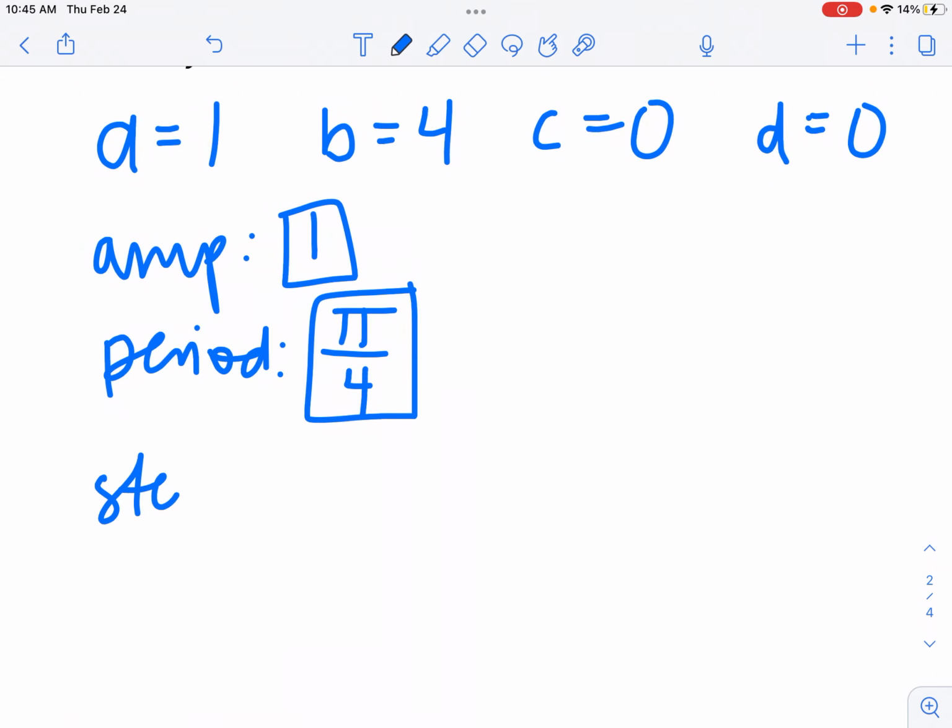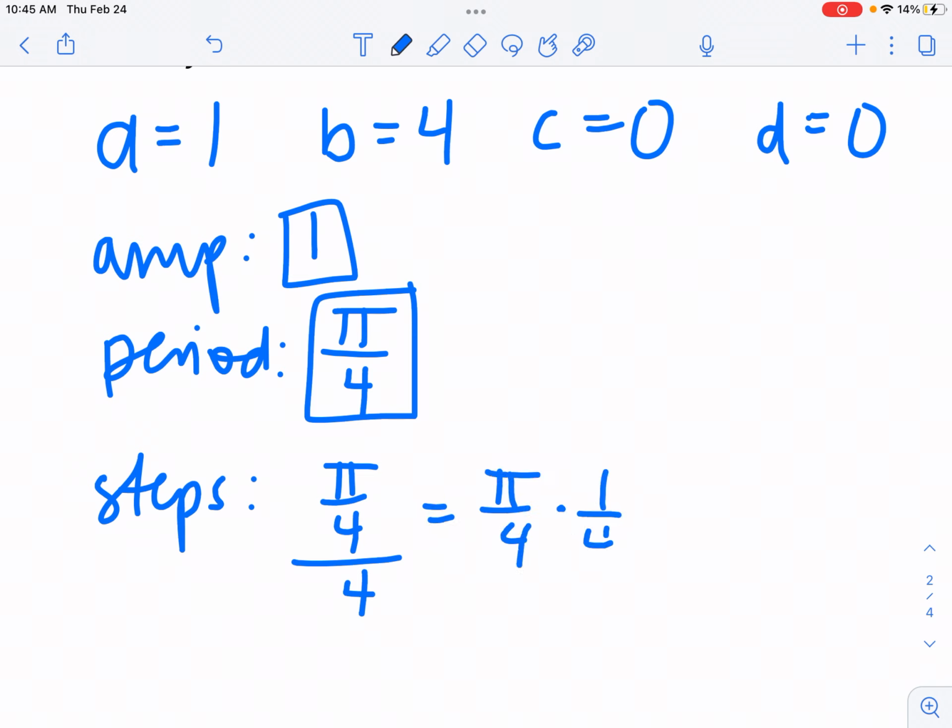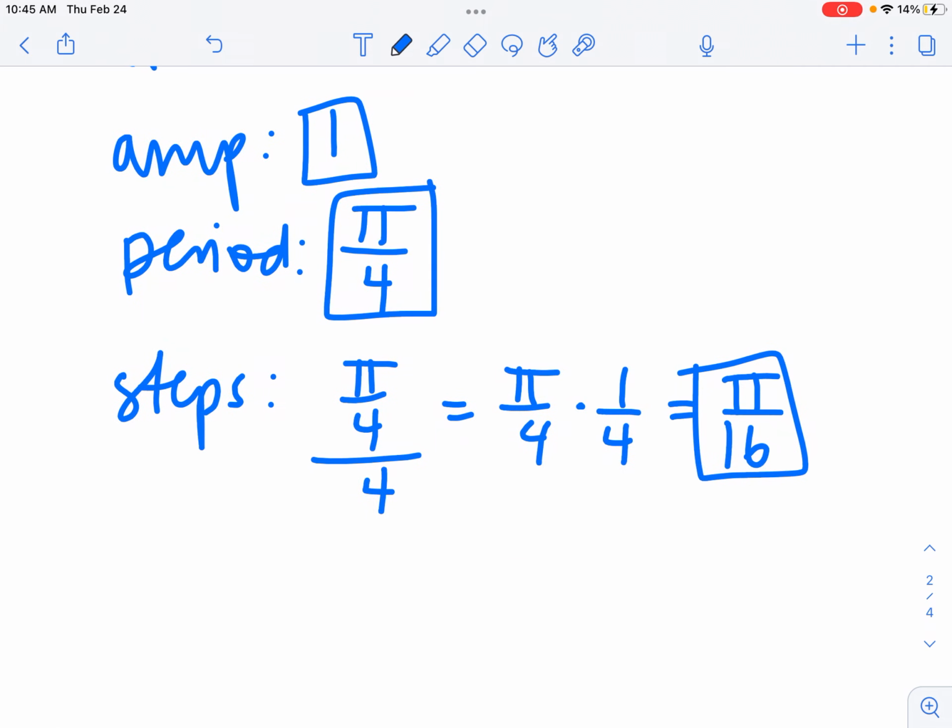And my steps are going to be pi divided by 4, or pi over 4 divided by 4, which is the same thing as my period times 1/4. And that's going to be pi over 16. Okay, not the prettiest, but it's okay. It's easy. We got this. Vertical shift, 0, because that's my D. And that's going to be my middle.